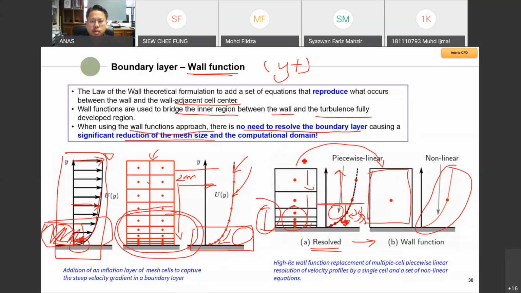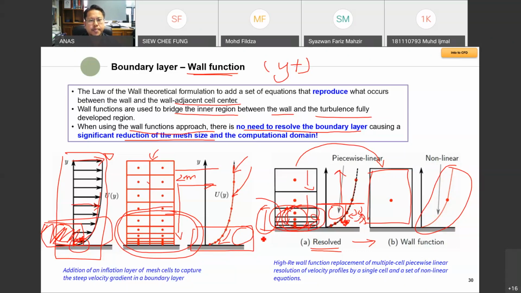We do not want to spend too many computational resources, because if we have a smaller mesh over here, more work needs to be done to calculate the variables or the characteristics of the turbulence. So the wall function eliminates the need for a smaller mesh size.